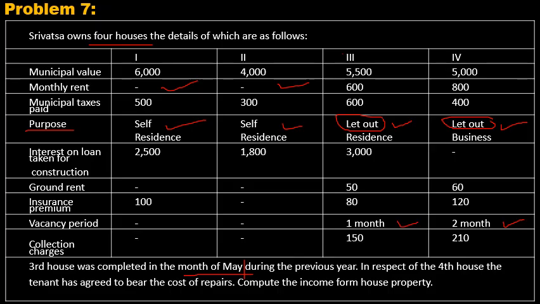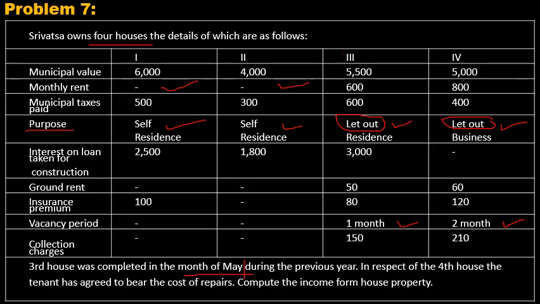So we have to calculate the income from June onwards only. Before that, SSC did not use it because the construction was not completed. So from June onwards, SSC used it. So third house is let out from June onwards because the construction was completed in the month of May. So SSC used it from June onwards.